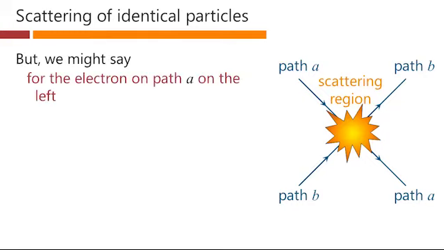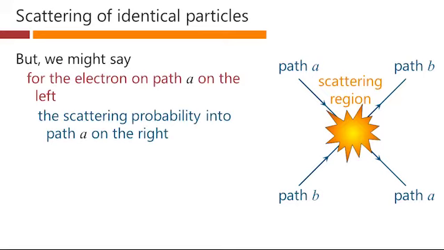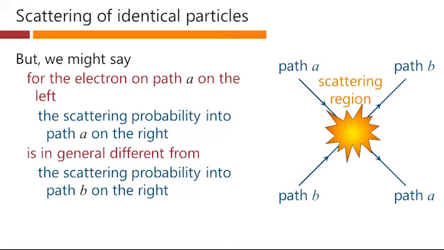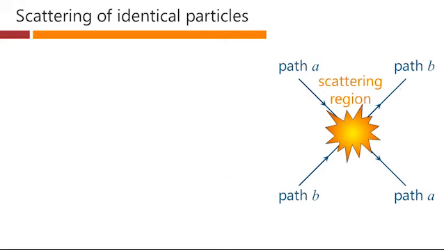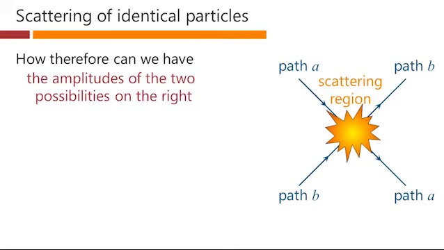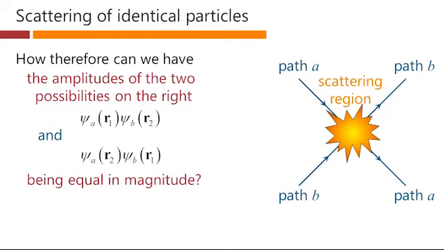But we might say, for the electron on path A on the left, the scattering probability into path A on the right is in general different from the scattering probability into path B on the right. How, therefore, can we have the amplitude of the two possibilities on the right, that is, particle 1 on path A and particle 2 on path B, and the opposite, particle 2 on path A and particle 1 on path B, be equal in magnitude?